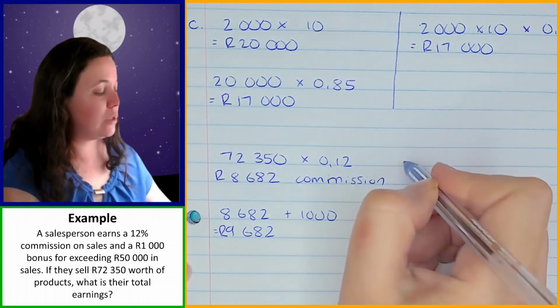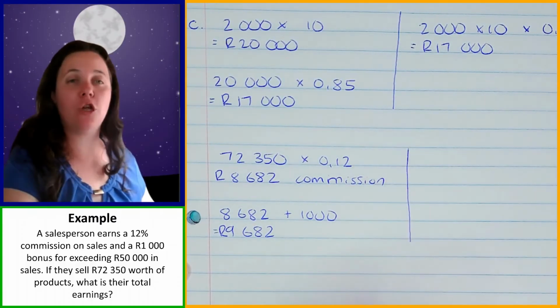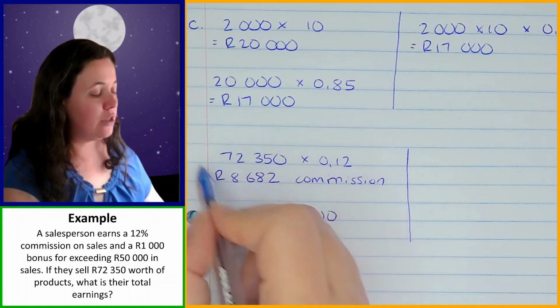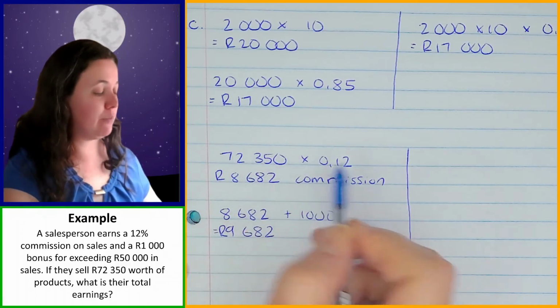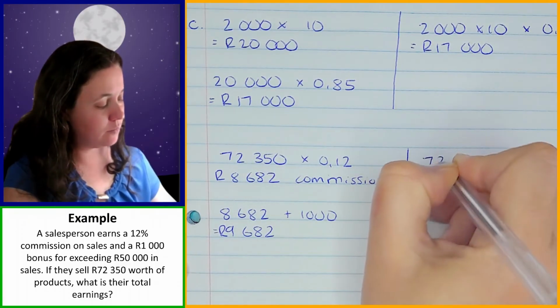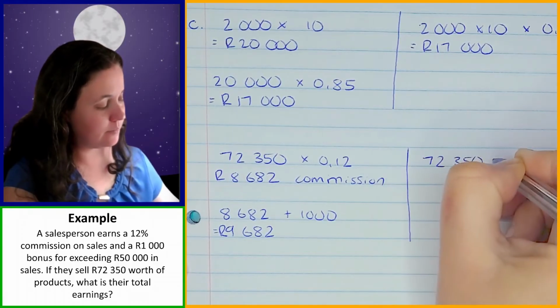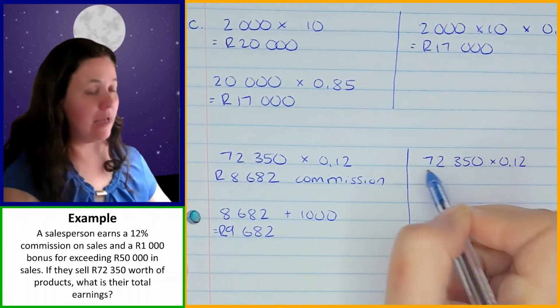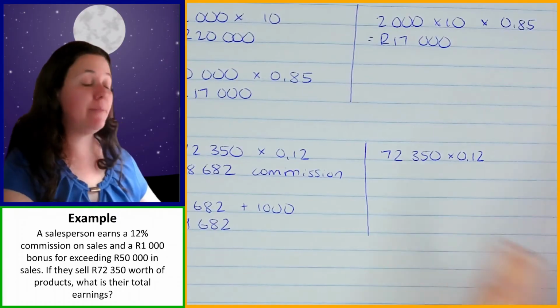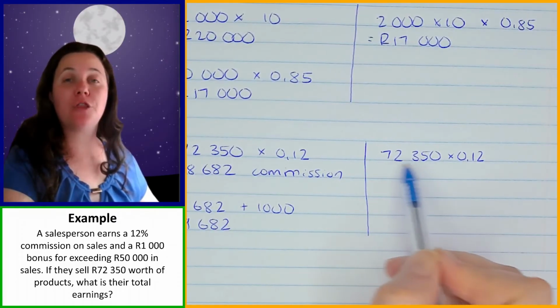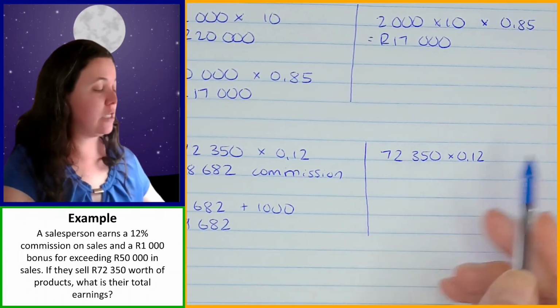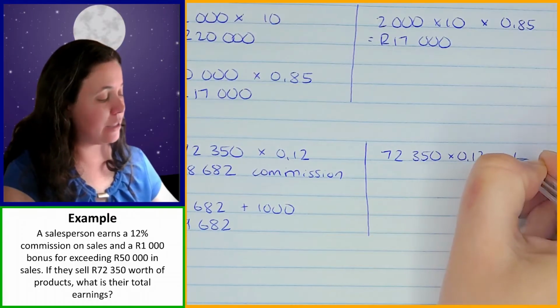that they made. Now, once again, you can do this all in one calculation. You can take the 72,350 and multiply it by 0.12 to work out your commission. And then because you already know that this is more than the 50,000, you can straight away add that 1,000.